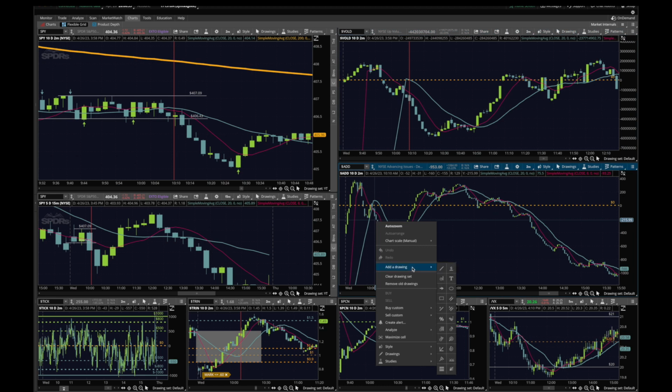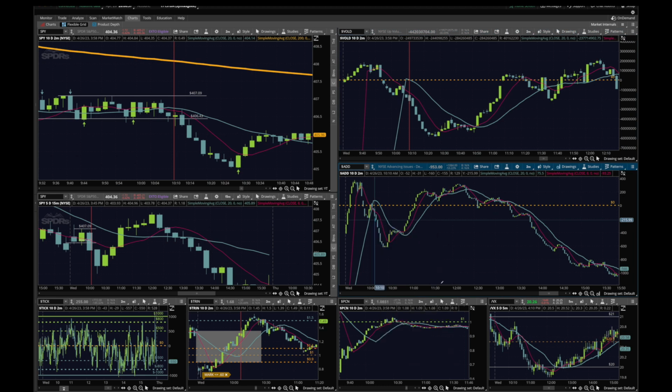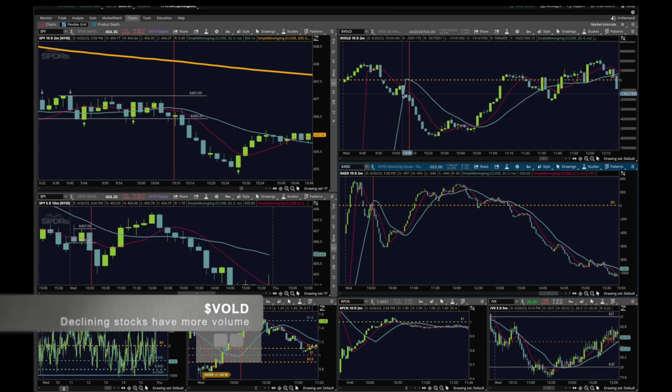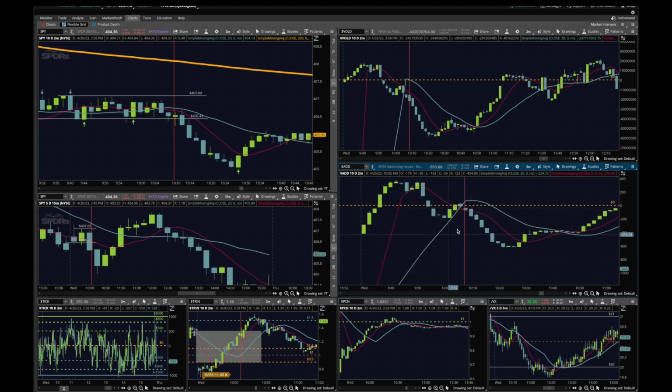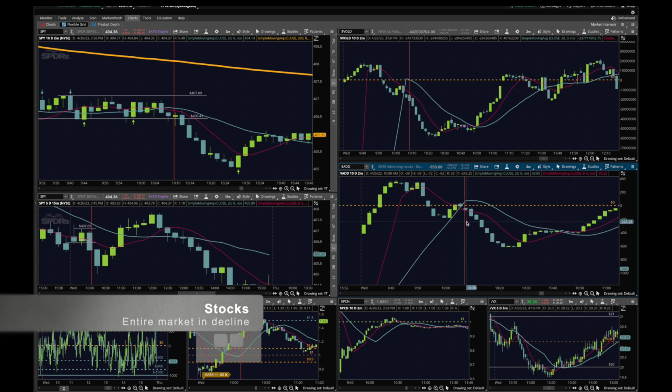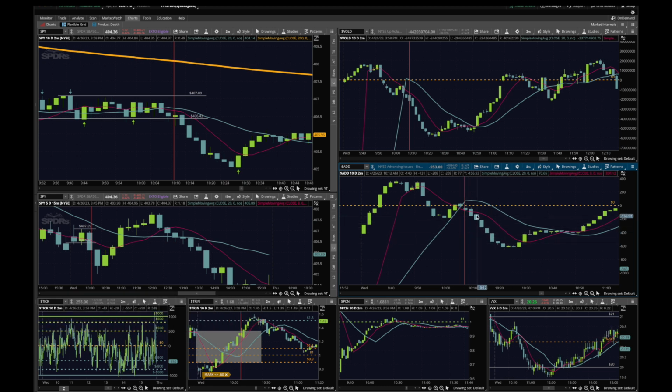On the VOLD, we already had a break of the zero line. That's a clear indication that there's more volume in declining stocks. For the ADD, same thing. There are more declining than advancing stocks.